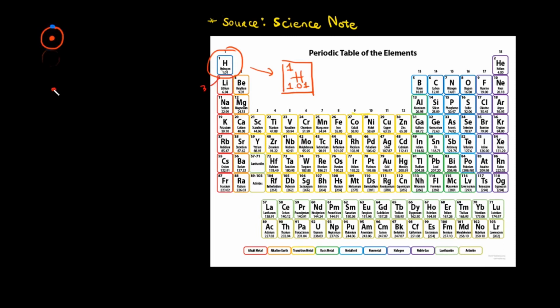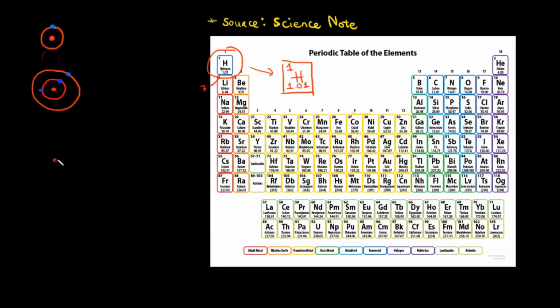Let's draw the nucleus and the first shell. The first shell can only hold a maximum of 2 electrons, so let's fill that out. Since lithium has 3, you need 1 more electron in the second shell. So we have a second shell, and the last electron goes here. This is the lithium representation.